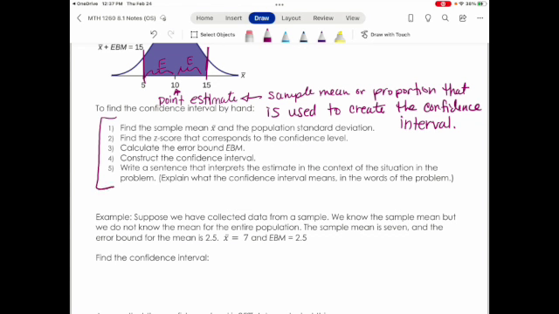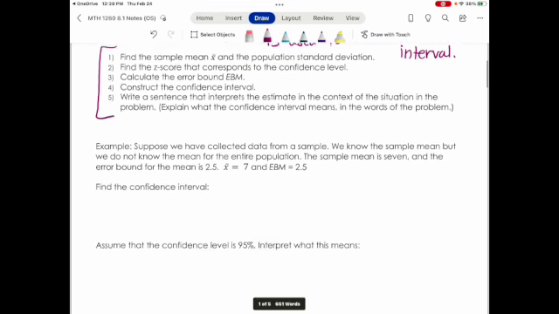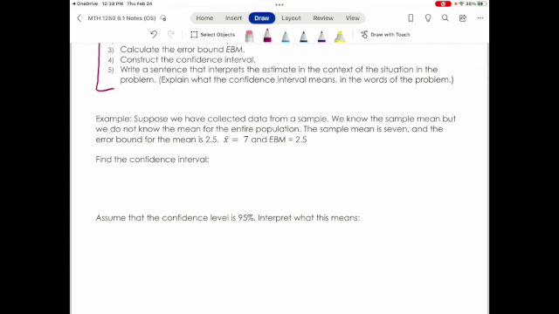If you're going to do it by hand, these are going to be our steps, okay? And I'm not going to get into a full-blown example at first. What I want to do is I want to first walk you through a simple, very basic one where a lot of the information is already given to you so that you get the concept. And then we'll work up to harder ones, and I'll show you how to do it on the calculator as well.